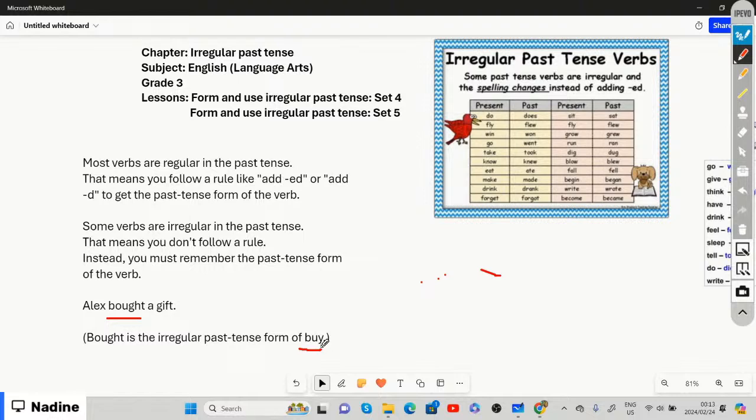So you see how the word basically changes from buy to bought, right? So from buy to bought. And when you look at the word buy and bought, buy being the present tense form, the past tense form of that word buy is bought, right?